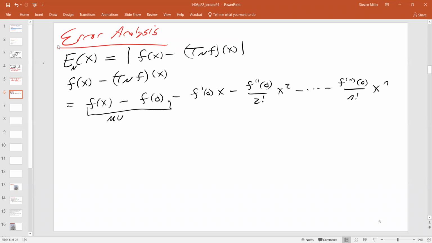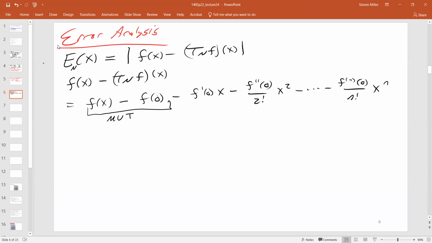What would that difference equal? Normally we would divide this by x minus 0.